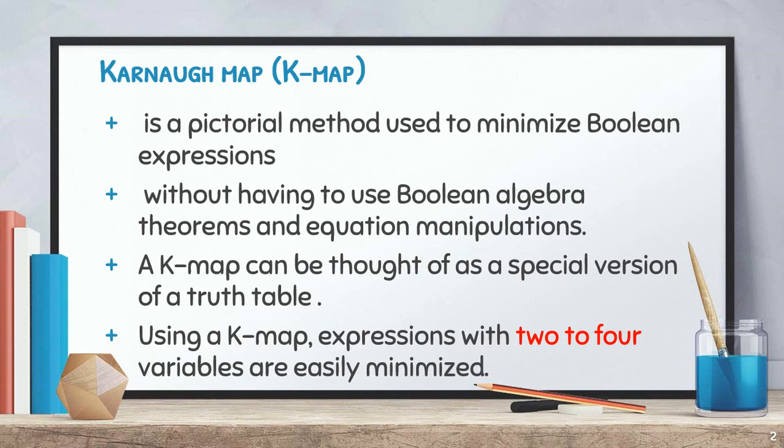Thus, for any n-tuple in which the functional value is 0, a 0 is placed in the associated cell, while 1s are placed as cell entries for those n-tuples that have functional values of 1. In this way, the Karnaugh map becomes a diagrammatic representation of a truth table and correspondingly a diagrammatic representation of a Boolean function.